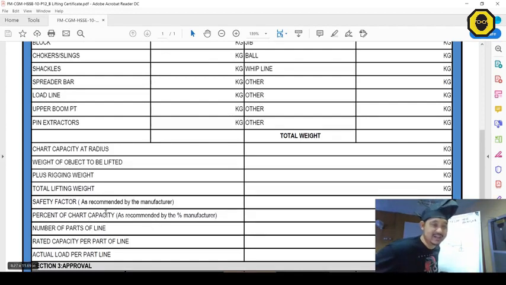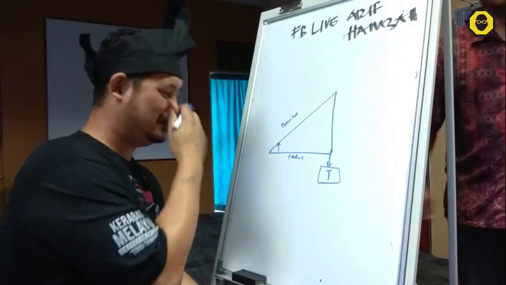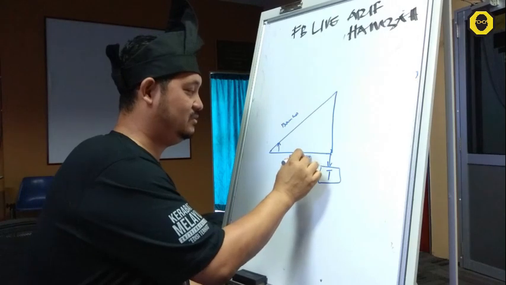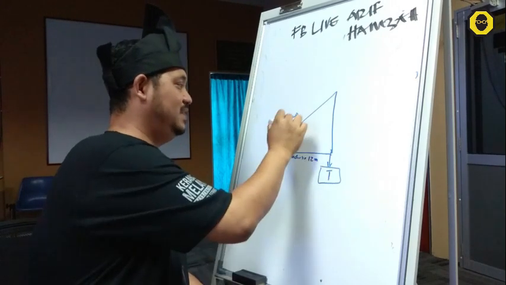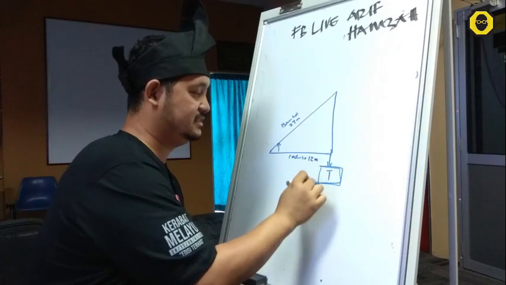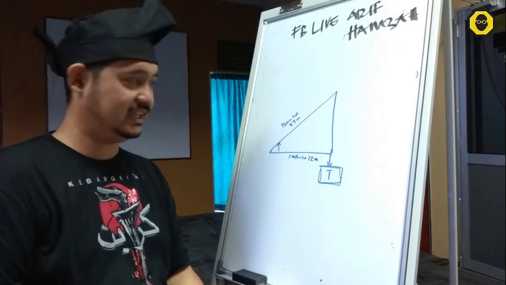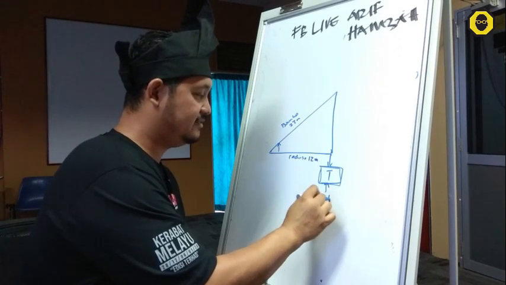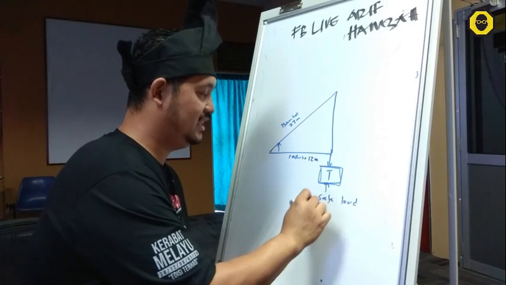If there is a stated recommended crane chart capacity, from the load chart you can get the figure for the specific radius and boom length. This is the safe load to be lifted.